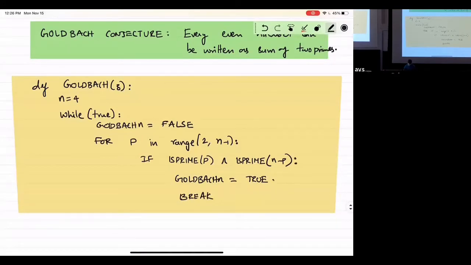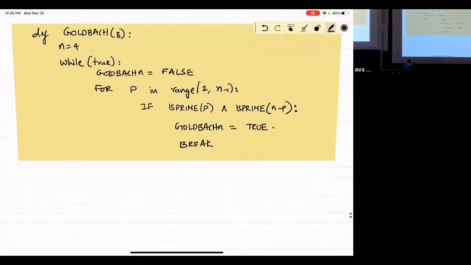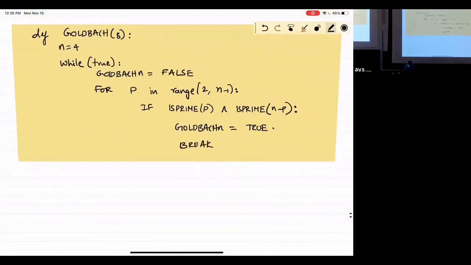I'm just checking whether or not I can write this number n as a sum of two primes by enumerating all possible ways. For every number in the range 2 comma n minus 1, check if p is a prime and whether n minus p is a prime. That is, I've written n as sum of two primes, right?